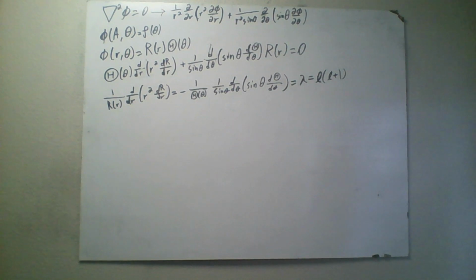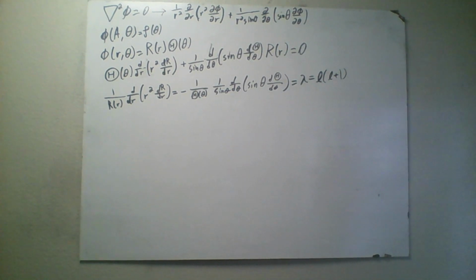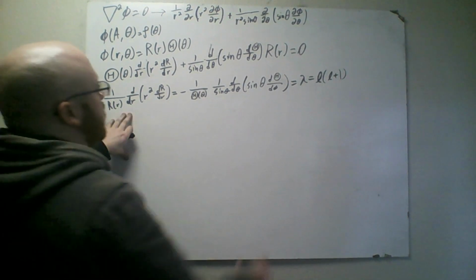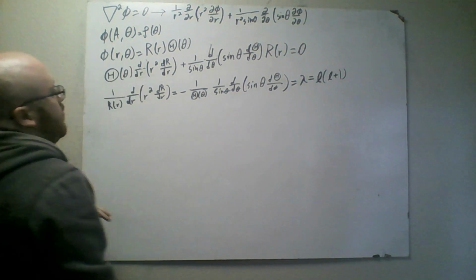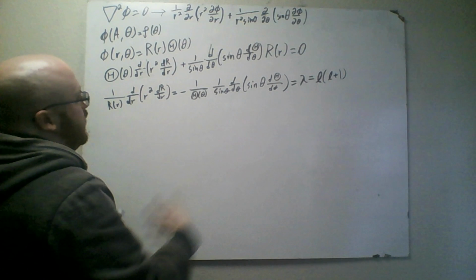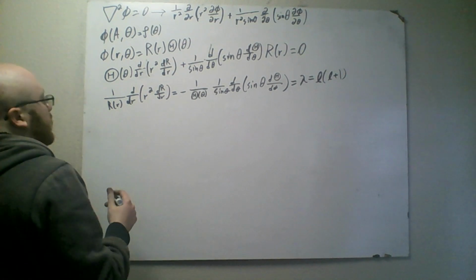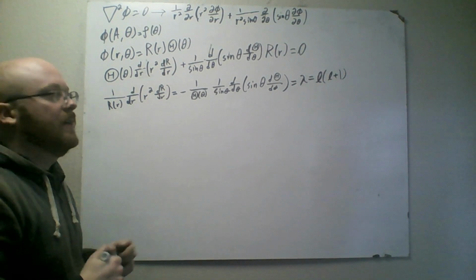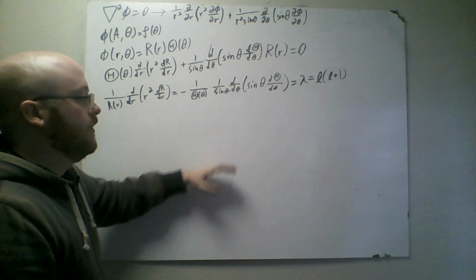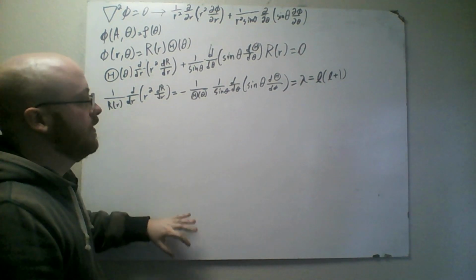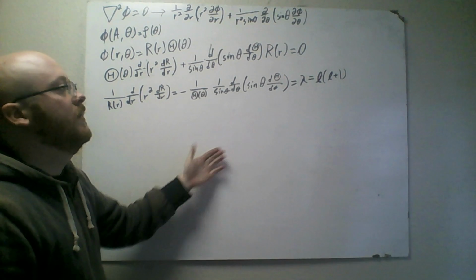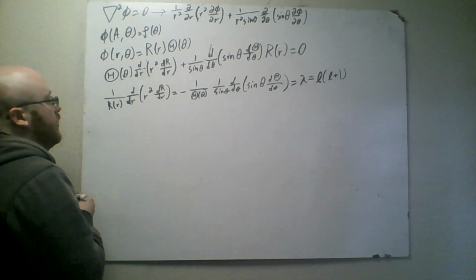No, it does not. Okay. So yeah, I'm going to keep the lambda, or I'm going to keep the L times L plus 1 here. Once again, this isn't something you know ahead of time. You solve it, you get there, and then eventually you're like, huh, this would be nicer if this was L times L plus 1. So we're just going to go with lambda for now.